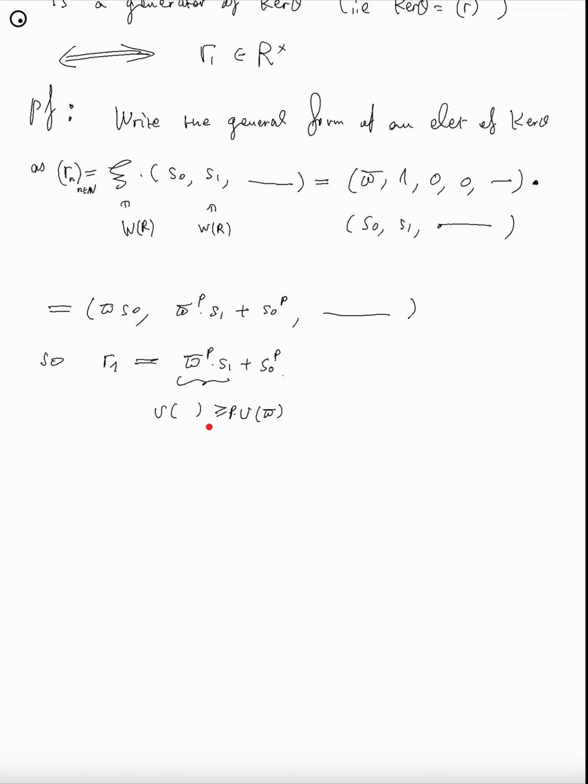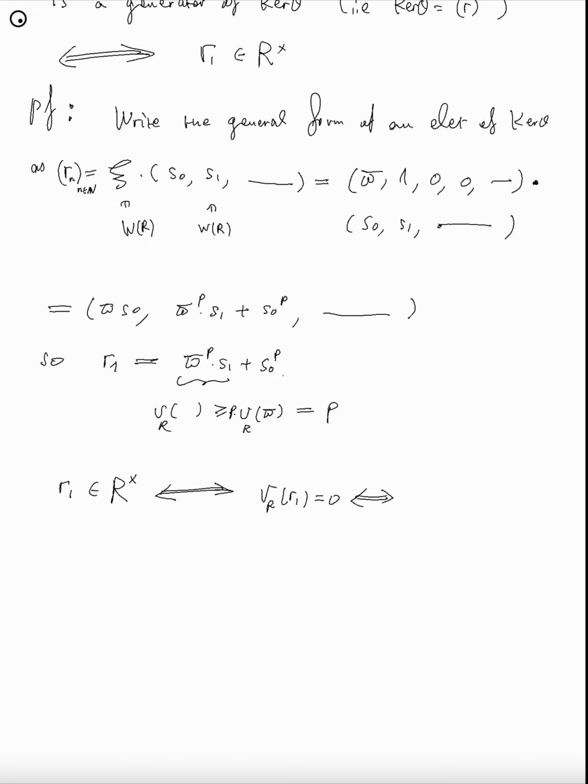Everything is in R. And so r_1 is a unit by definition if and only if the valuation of r_1 equals 0.